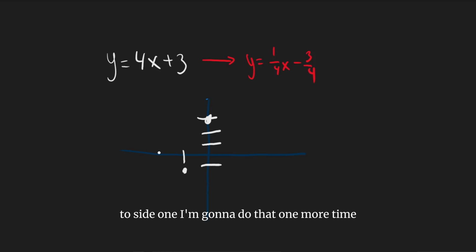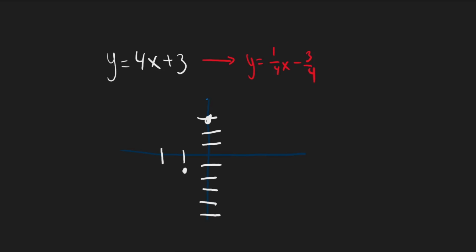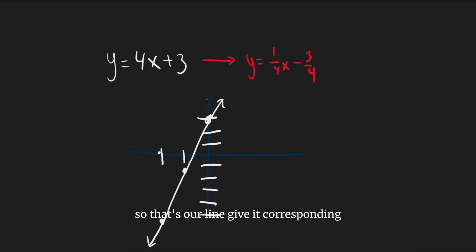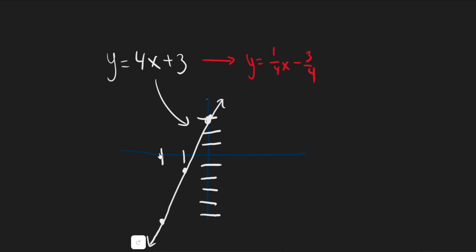I'm going to do that one more time. And then I'm going to draw a line through those points. So that's our line corresponding to the function that we were originally given.